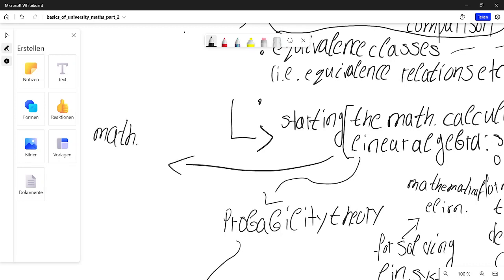Mathematical calculus 2. From there mathematical calculus 3.